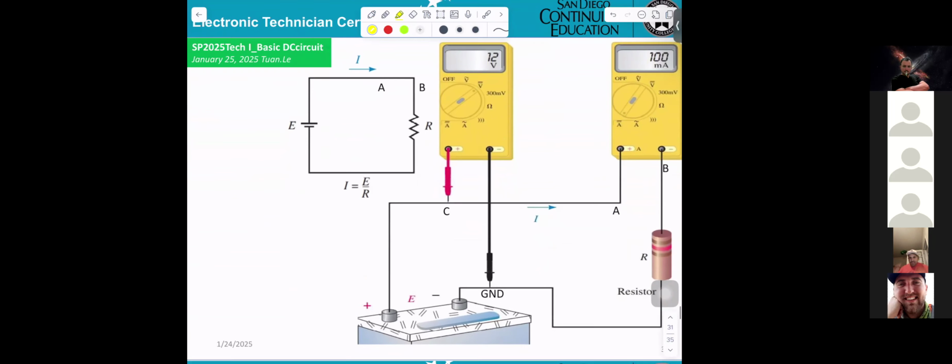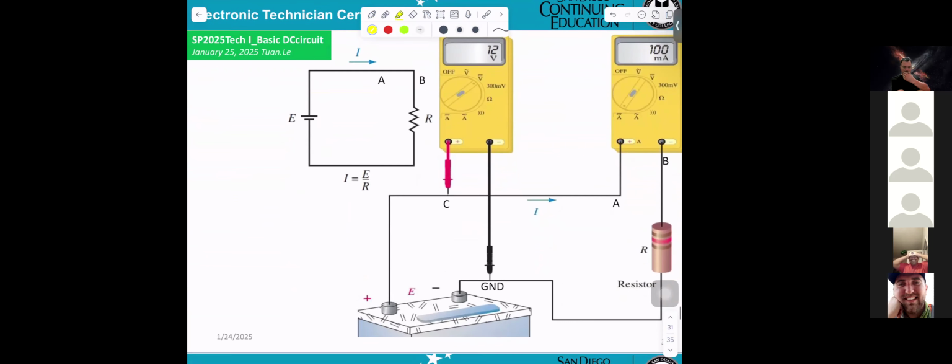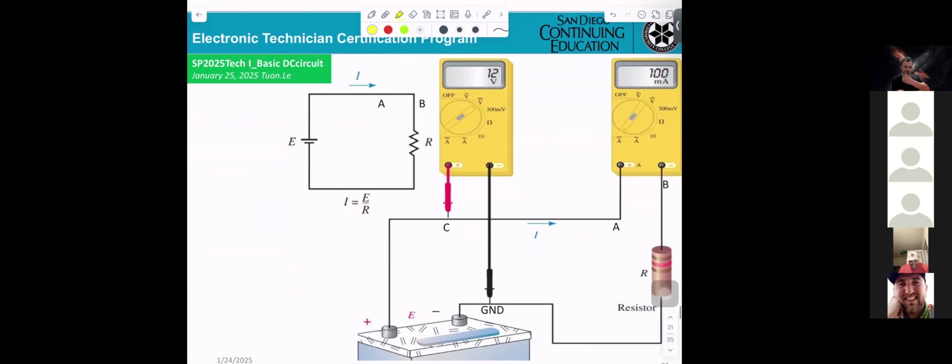Now, we'll be talking about the meter. You know this is a DMM. You can measure the current, the resistance, and the voltage.